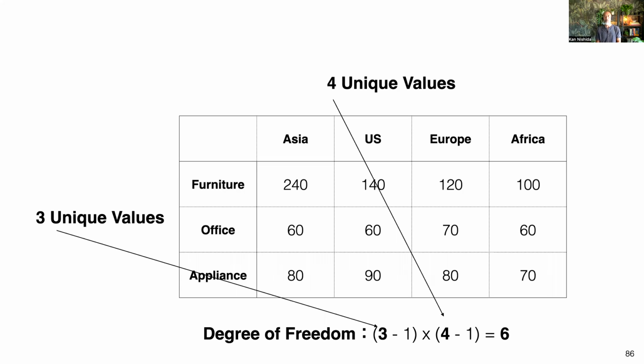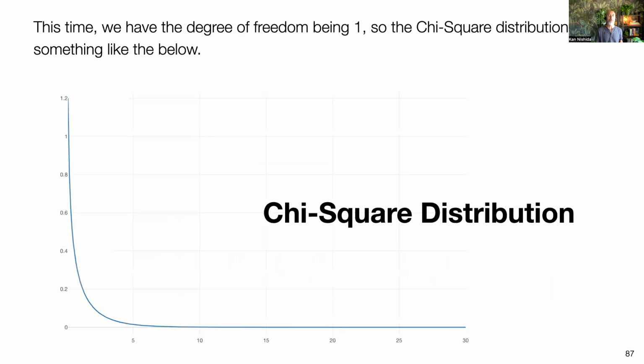So you calculate the degree of freedom, and then that determines which shape of chi-square distribution. You're not going to choose it when you do the testing. This is all behind the scenes. But in this particular case, the degree of freedom is 1, so the chi-square distribution shape looks something like this.